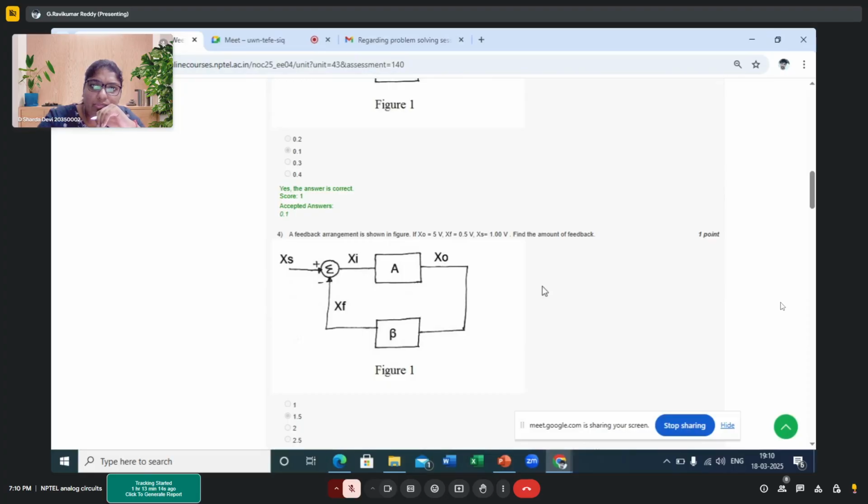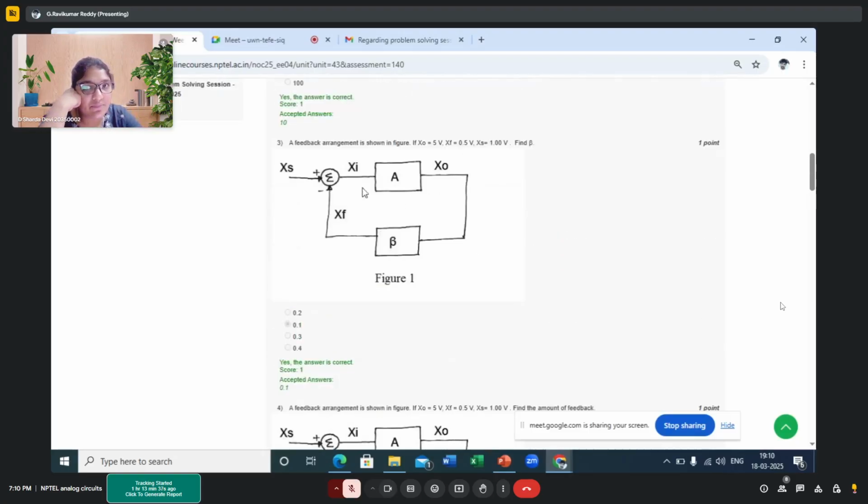1, 1.5, 2, 2.5. Okay. This is not beta, right? Actually, I did not understand the question, madam. Options are there. In the above third question they asked to find beta, which is xf divided by x naught, so we'll get 0.1.